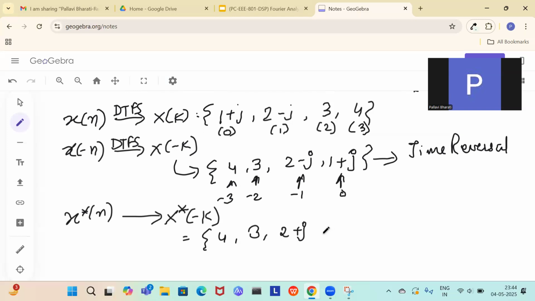So 2 minus j changes into 2 plus j, and this one was plus j, so it will be changed into minus j. This is the answer for the conjugation property. The part having the imaginary part is where you will see the change. For portions having only the real part, there won't be any change.